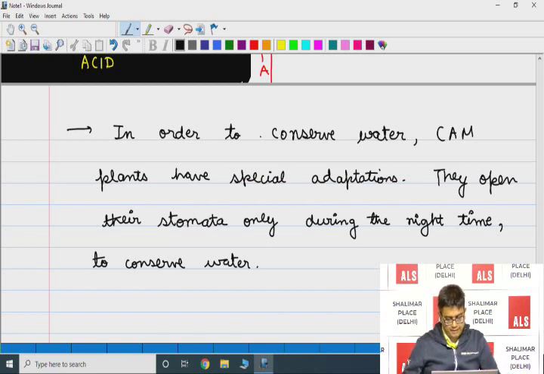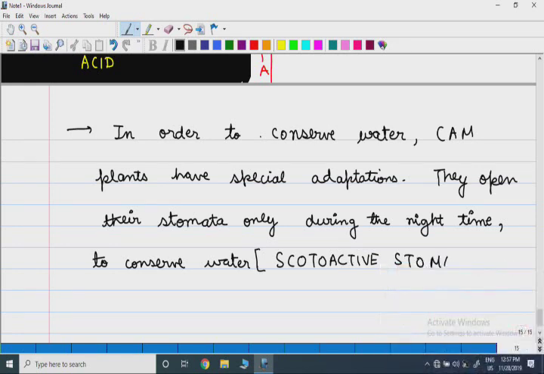There will be no transpiration. Actually, you can also write this is called scotoactive stomata.